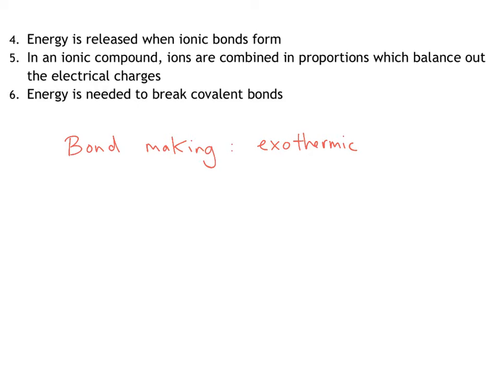And I know there's not a lot done in AQA GCSE about exo and endothermic in terms of bonds, but hopefully this will make sense to you. And bond breaking of any kind at all is endothermic.